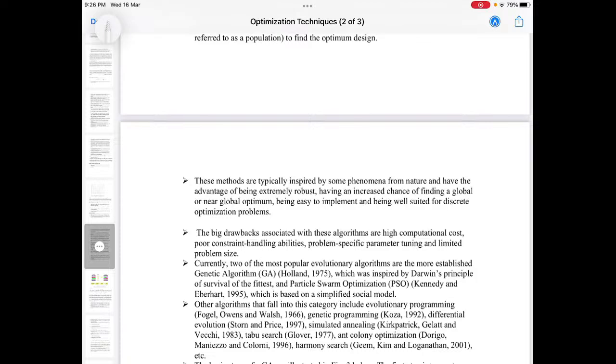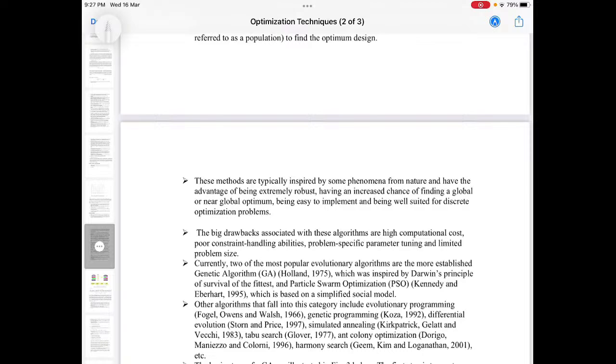There are problems where the optimization variables might be discrete, so the values used might be discrete.